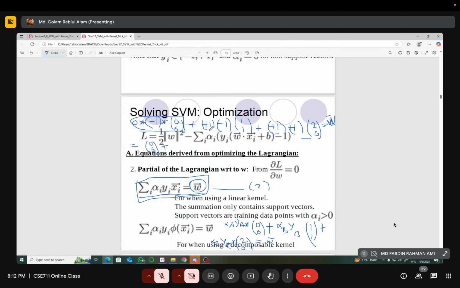So that is our negative 1. If we multiply this vector by negative 1, then we will get negative 1 and negative 1, then plus positive 1 and positive 1, and here is 2 and 0.